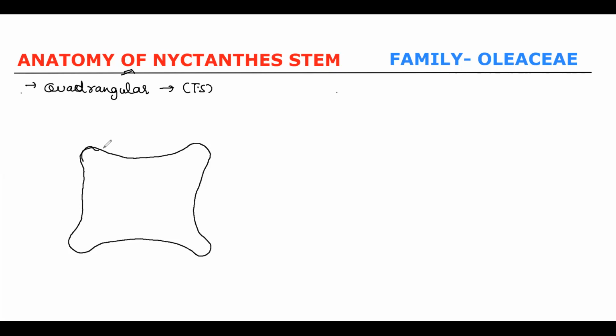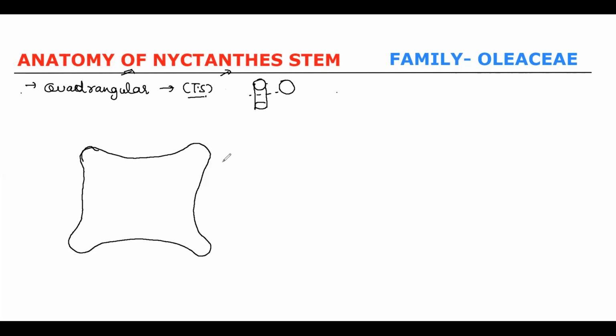Typically, dicot stems are cylindrical, and if they are cylindrical like this, then if we cut the TS it will look circular like this. But here in the case of the Nyctanthes plant, the stem is quadrangular, so the TS will also be quadrangular.